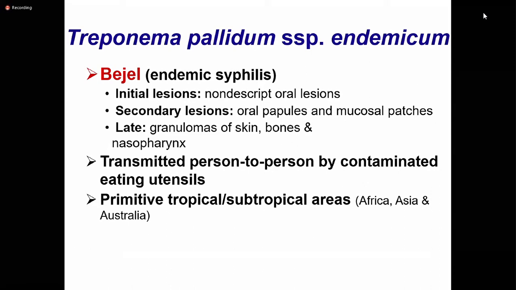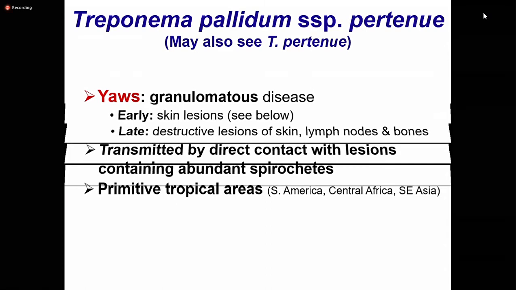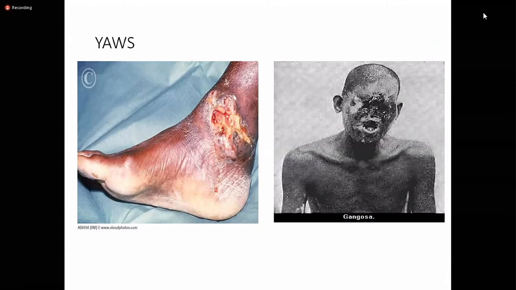So we see diseases that we call non-venereal, found in different parts of the world. Yaws, now this is again one of the granulomatous diseases. It starts with skin lesions, and I have some pictures, transmitted again by direct contact with lesions contaminated with the microorganism itself. I will take out these PowerPoints, but this is how yaws looks like.